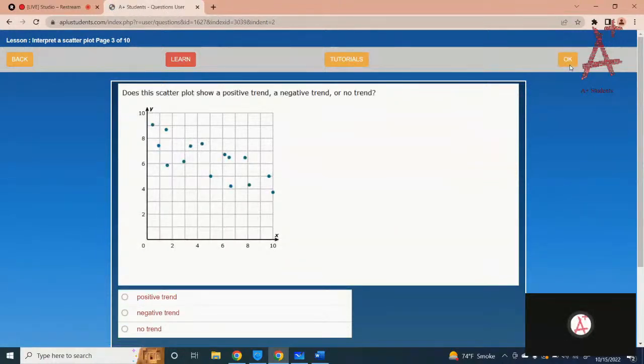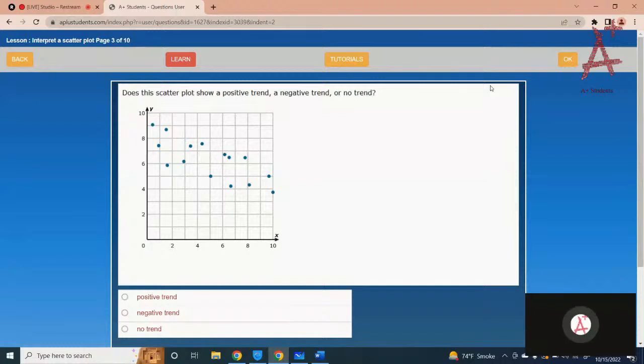So a positive trend, a negative trend, or no trend. Do you know the answer? See, the y values are decreasing.